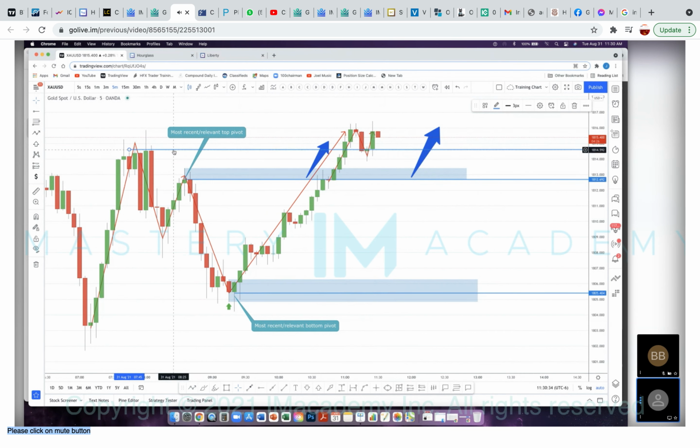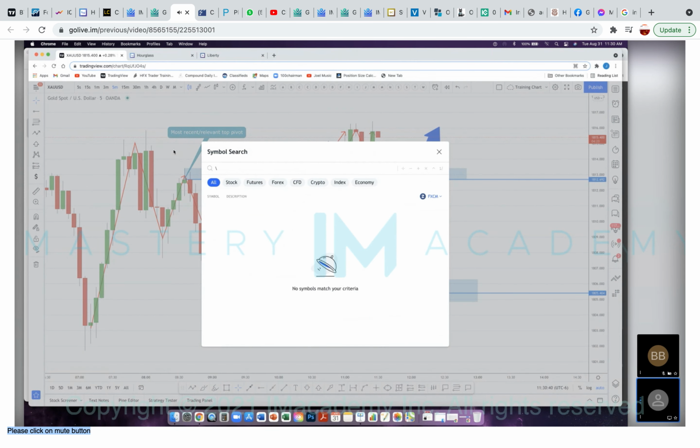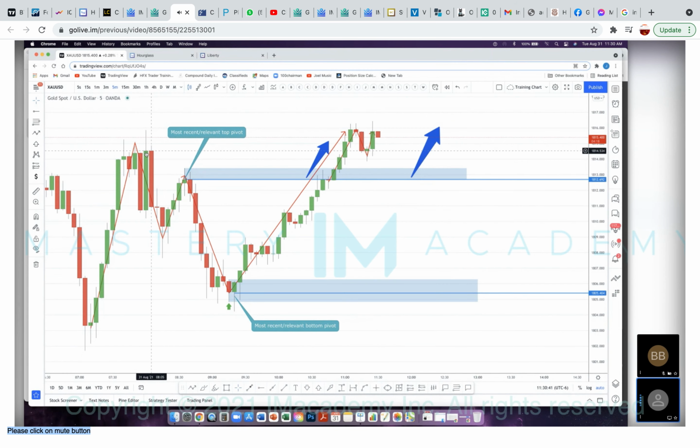We're not saying that it is impossible or that it doesn't work, but what we're suggesting is that if you want to simplify your analysis of the market, then you need to know what your rules are. You need to have some kind of system to go on. Otherwise, you're really just led by emotion. Oh, here's another resistance. Oh, there's another one.